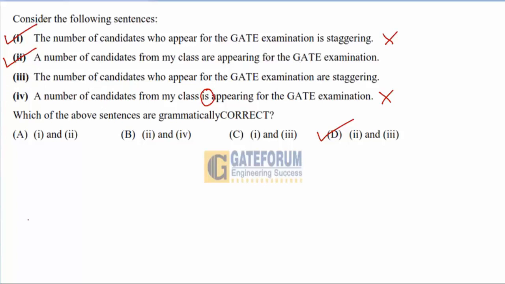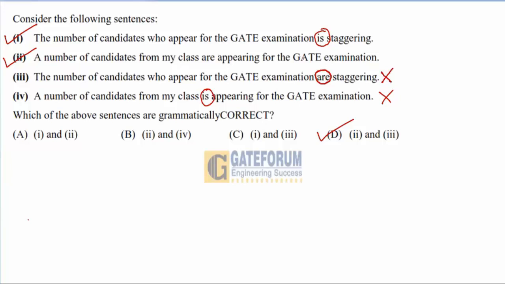So you see, because it has been said the number of candidates, the number of candidates is always considered as singular. The number together is taken as one unit. So here is staggering will be the correct one. And in this case, are would have been the wrong one.